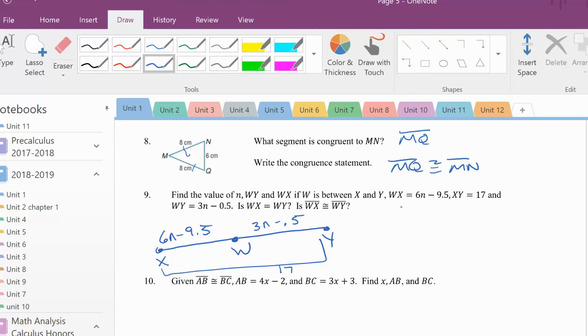So then we find n, so we go 6n minus 9.5 plus 3n minus 0.5 equals 17. So we get 9n minus 10 equals 17.